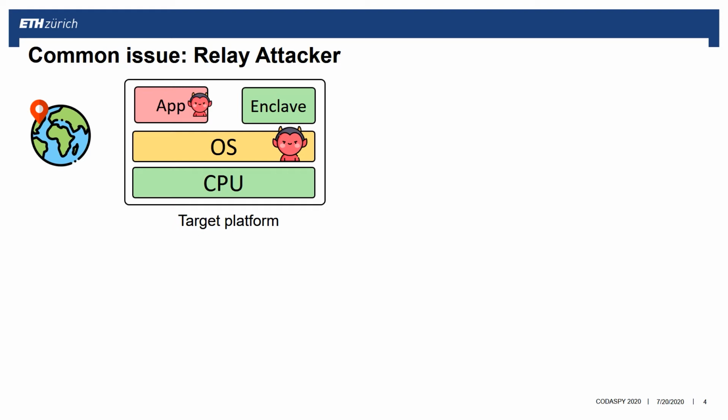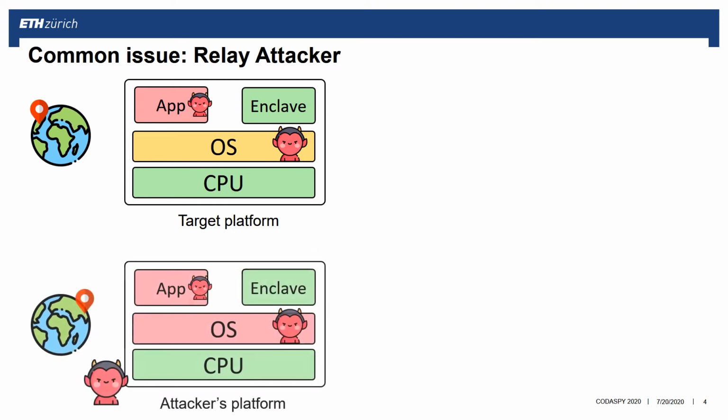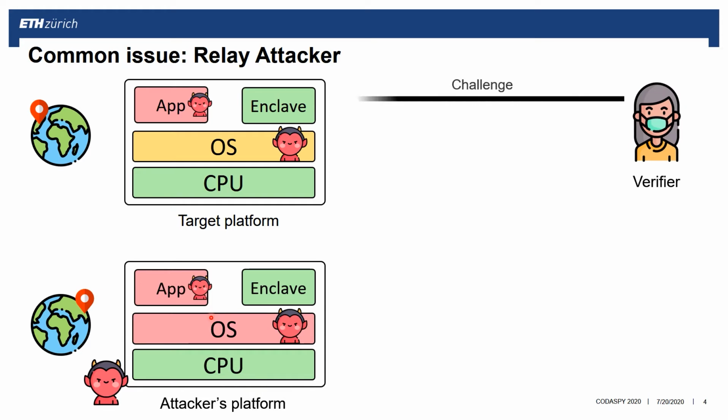You have your platform where the operating system could be temporarily exploited by the attacker. You have the other apps, which could also be attacker controlled, and on the other side of the planet the attacker is in possession of his own platform that is permanently attacker controlled. Now as a verifier, you want to know whether the enclave you are interacting with is a legitimate enclave on a legitimate platform or not.